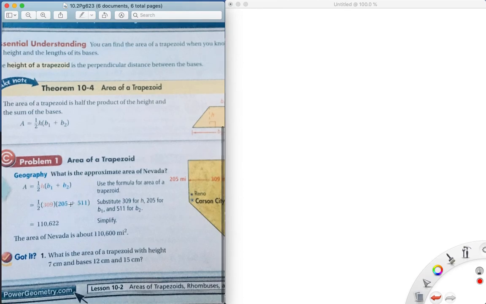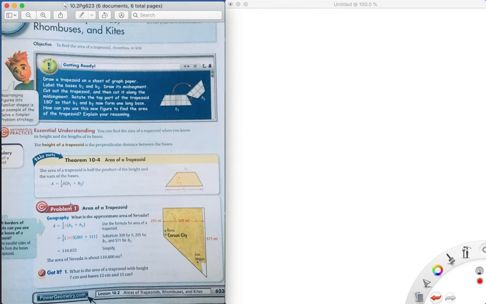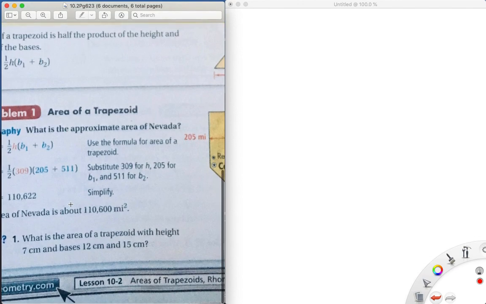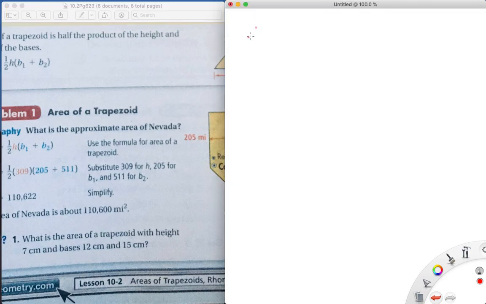So for the got it number 1, they ask you what is the area of a trapezoid with the height 7 centimeters, base 12, and 15. So before you do anything, I would recommend you write your equation first. So 1/2 the height times the sum of the bases, and that's going to be our area of the trapezoid.